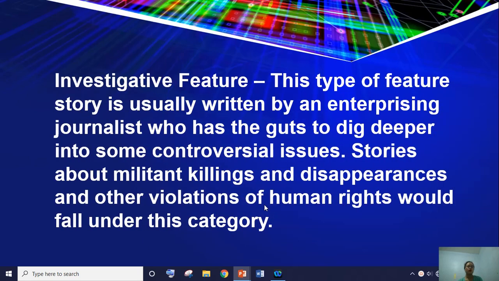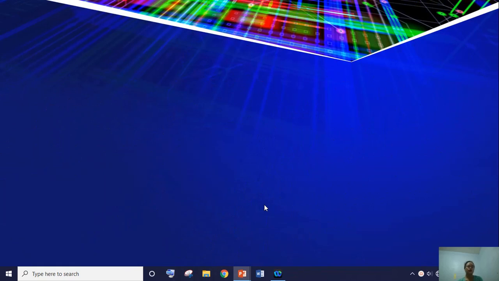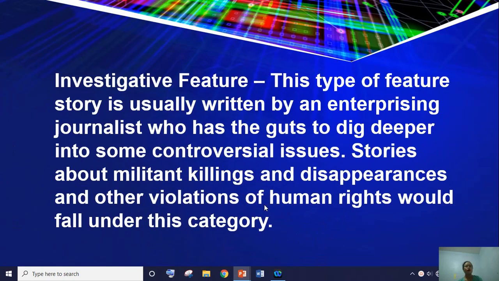Investigative feature. This type of feature story is usually written by an enterprising journalist who has the guts to dig deeper into some controversial issues. Stories about militant killings and disappearances and other violations of human rights would fall under this category, the investigative feature.